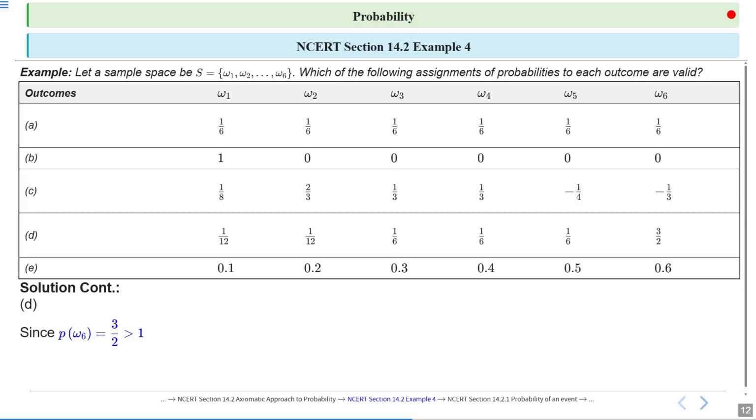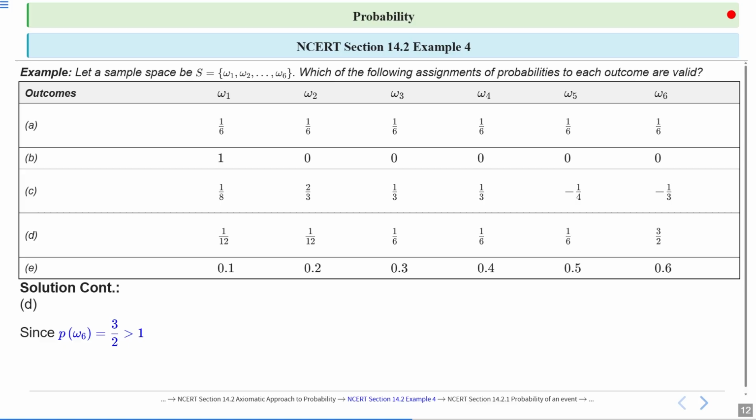But we have studied the axiomatic definition of probability. Condition 1: the probability of some outcome must always lie between 0 and 1. It cannot be greater than 1.